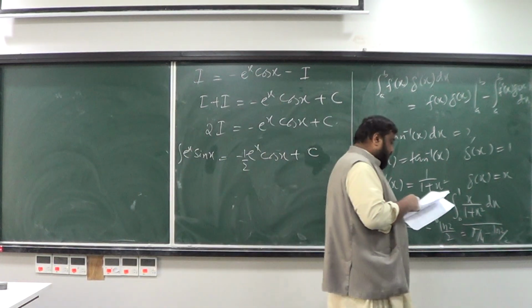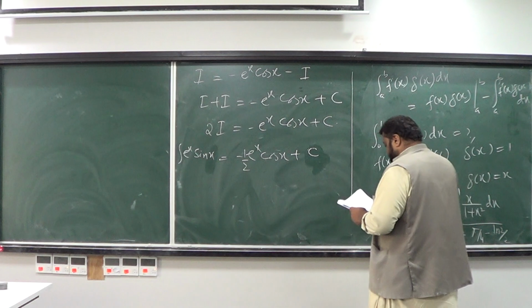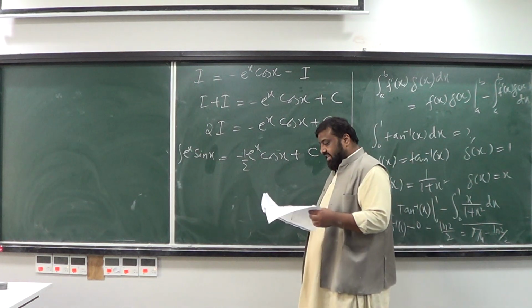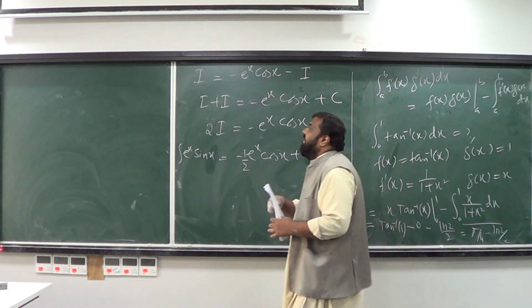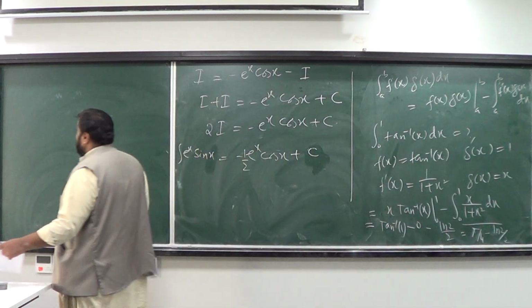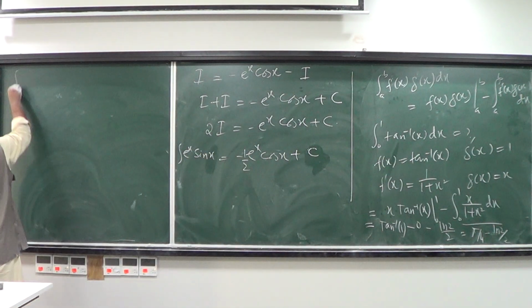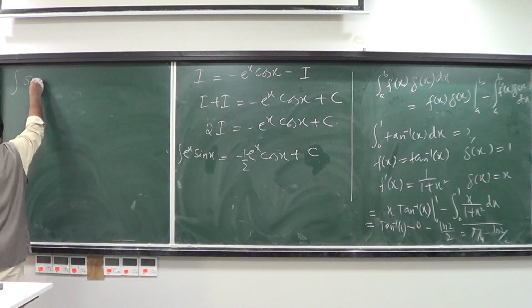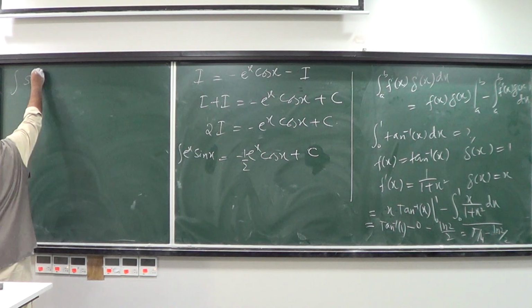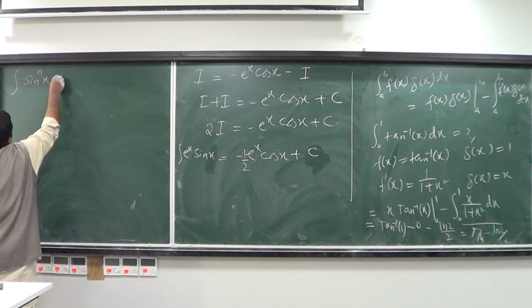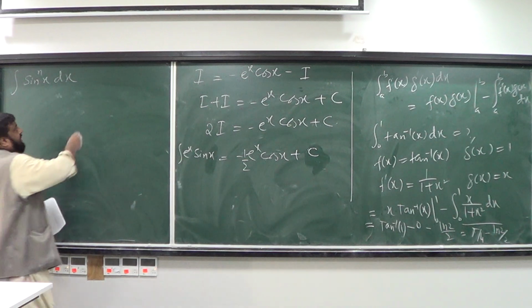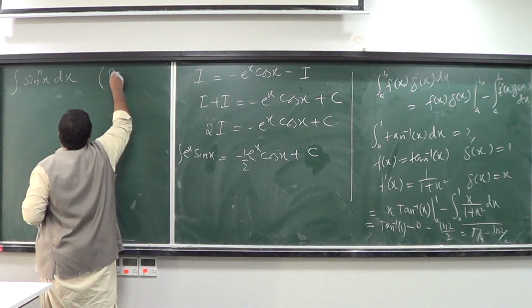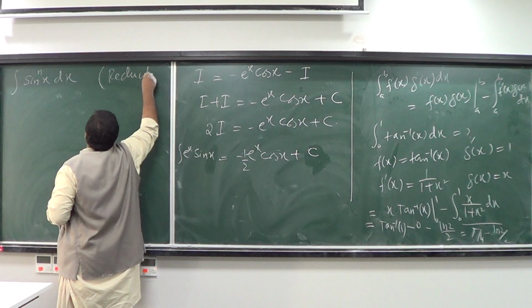Now I would like to end my discussion with a reduction formula. Say I want to compute the integral of sine power n x dx. There are other reduction formulas as well.